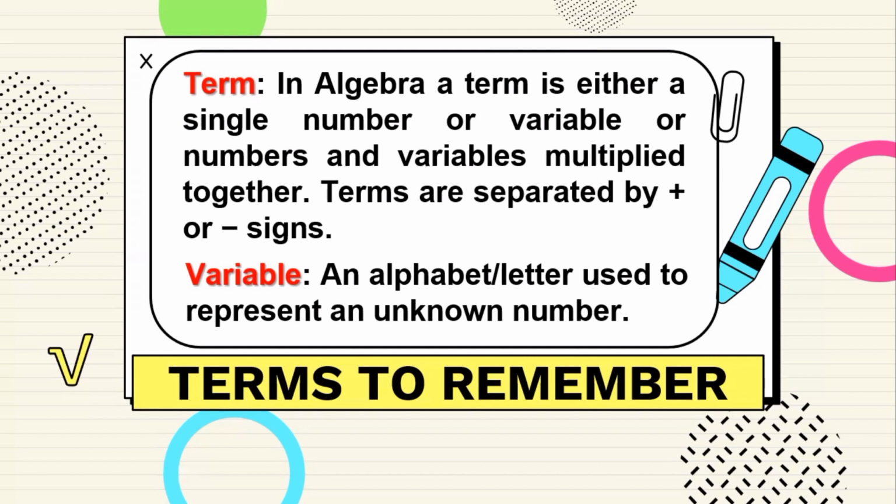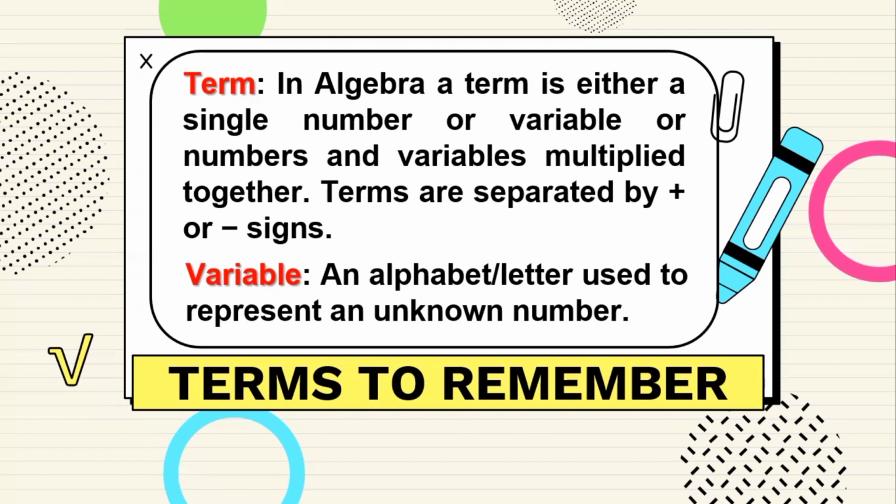We also have what we call a variable. What does it mean? It is a letter in the English alphabet that is used to represent an unknown number.